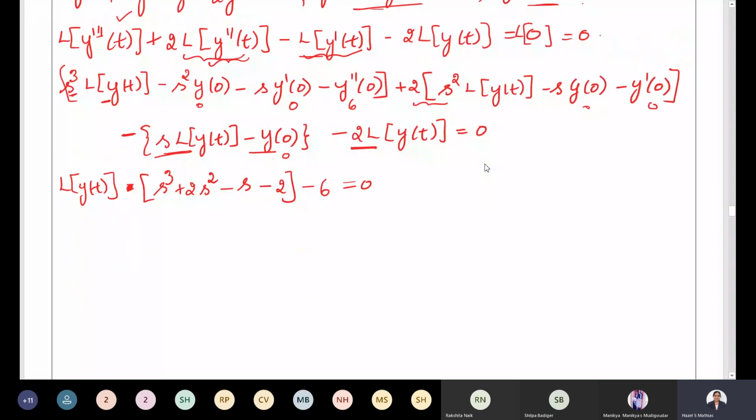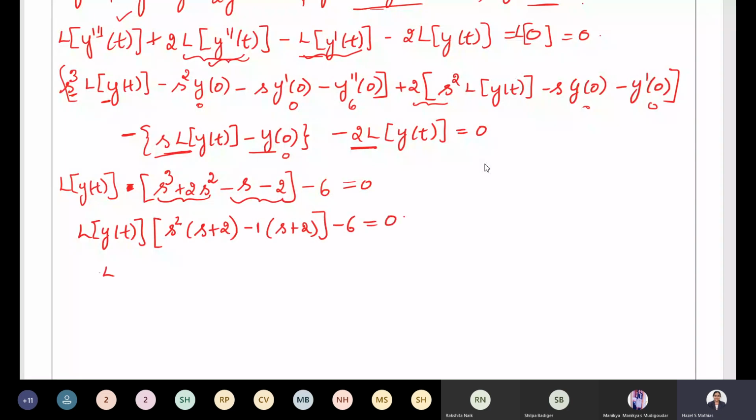Laplace transform of y of t, that is into, here you see s square is a common term. If I take s square outside, s plus 2 will remain. And from these two terms take minus 1, and s plus 2 is remaining. Minus 6 equal to 0. So on simplification we get Laplace transform of y of t into, see here s plus 2 is the common term, so we will have s square minus 1 into s plus 2, that is equal to 6.